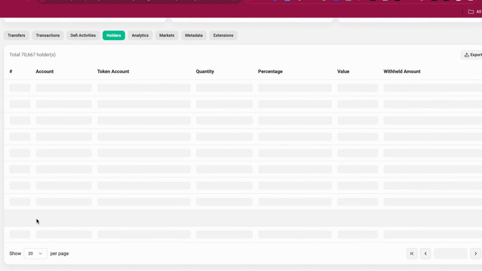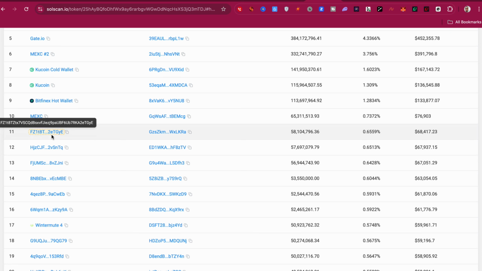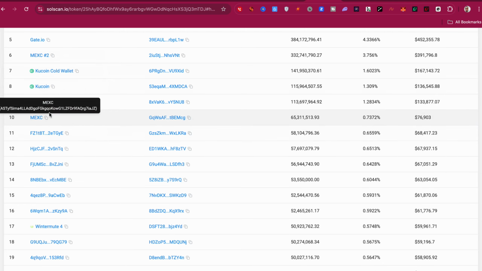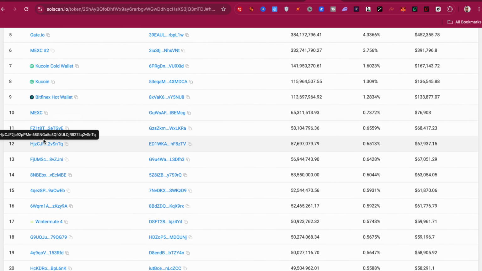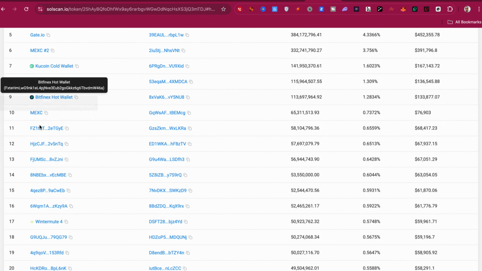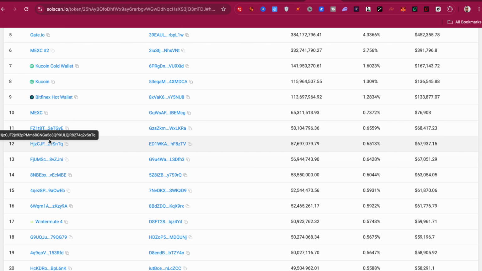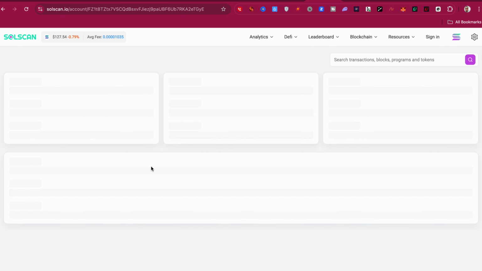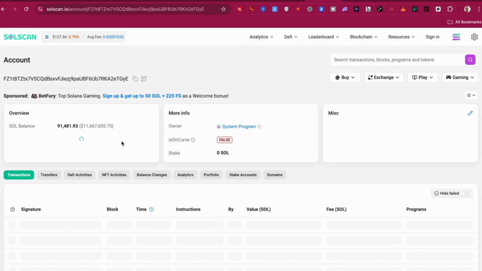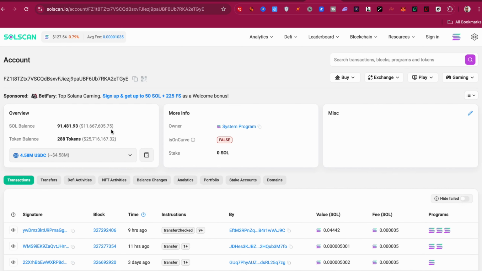So let me check the top 20 holders. You want to look out for these guys. Most of them holding are exchanges, but there are many coins that are not listed on several exchanges, so it's easier to see when the top 10 holders are normal wallets like this. You want to check their wallet and see what they're holding. This guy is holding $11 million on Solana. Are you sure this is not an exchange account?